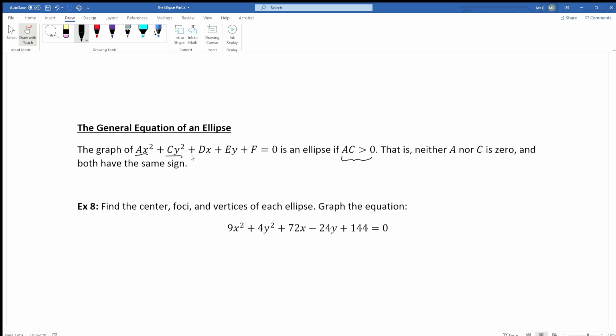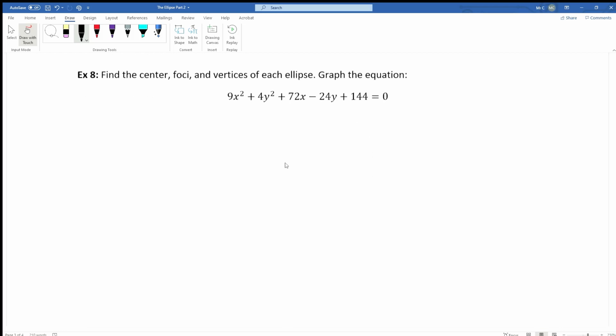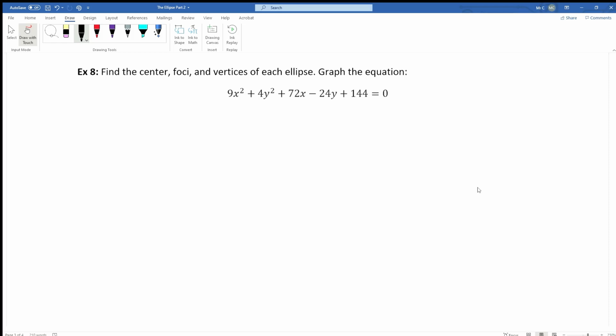Obviously, if they were both negative, you can always multiply an equation by negative 1 on both sides and not change the value of the equation, so that wouldn't be as much of a problem. Now, just like when we dealt with the parabola, we're going to need to complete the square here. But this particular completing the square is going to be a little bit harder of a process. So not too much, but just a little bit.